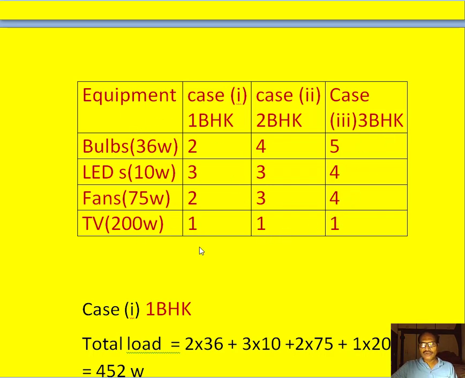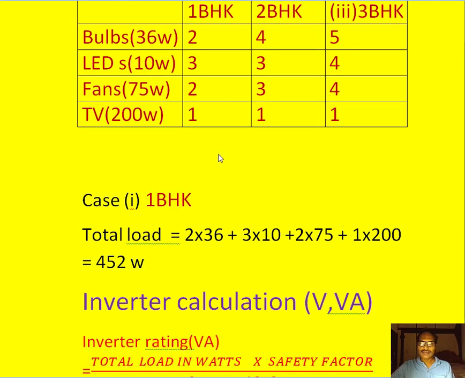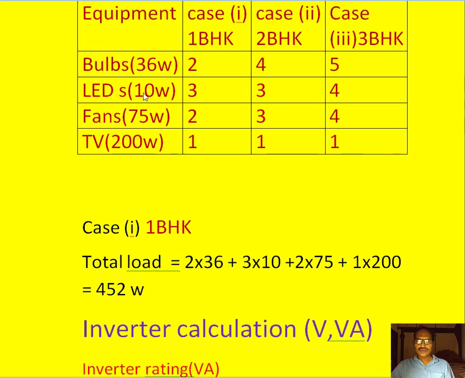So this is the general load that we are taking for calculating the inverter rating and the battery rating. Let us see case 1, that is the 1 BHK house. We know all the loads, so we have to add these loads, taking the quantity of those loads. Total load is equal to the number of bulbs, how many for 1 BHK?